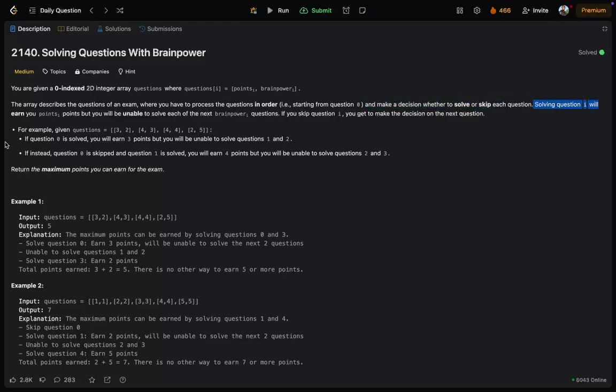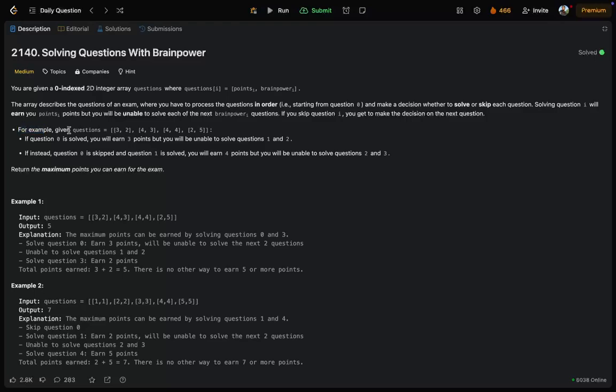Solving question i means you will earn the points, but you will be unable to solve each of the next brainpower[i] questions. If you skip the ith question, you get to make the decision on the next question.